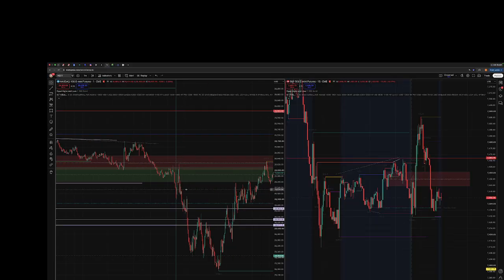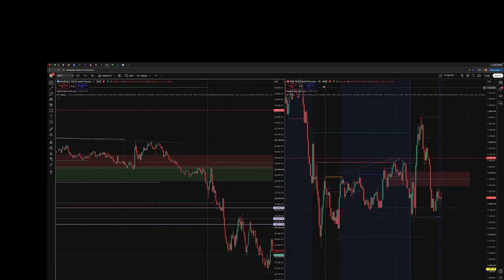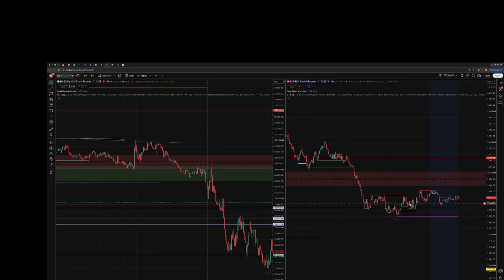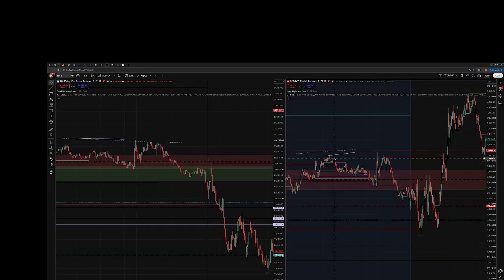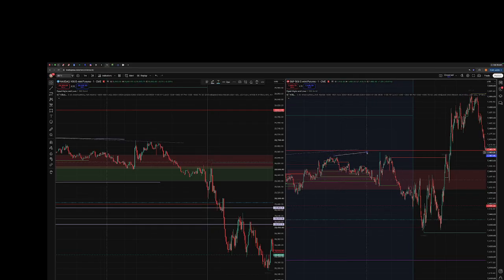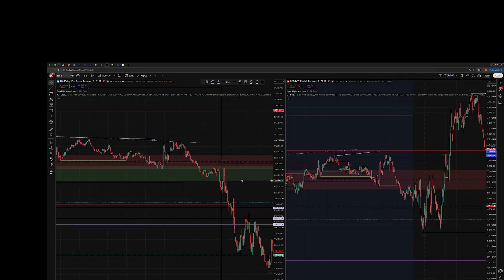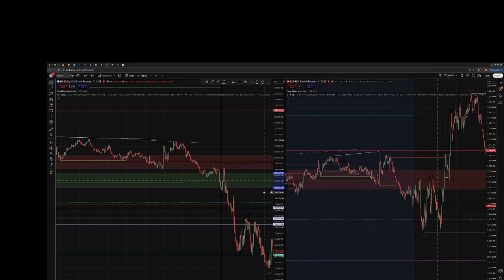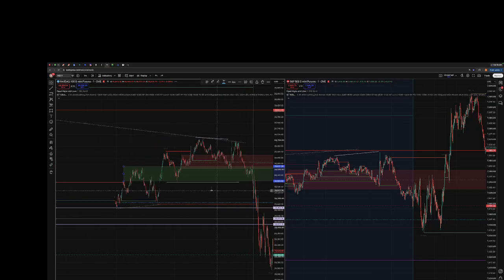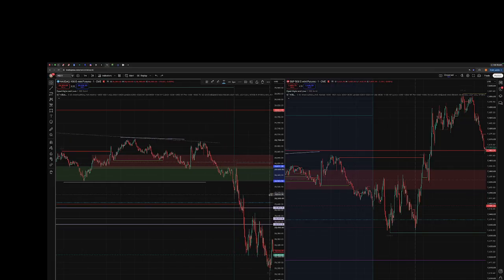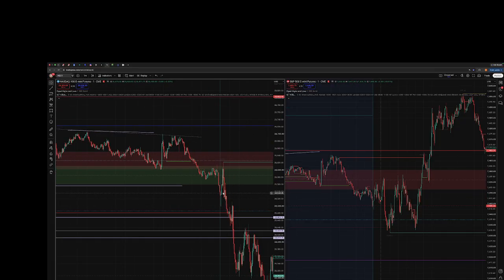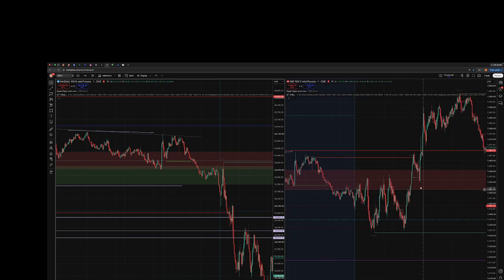We generated liquidity here, so where could we manipulate? We wanted to manipulate to the unfilled 30. So I could have played the manipulation, but I just didn't know.